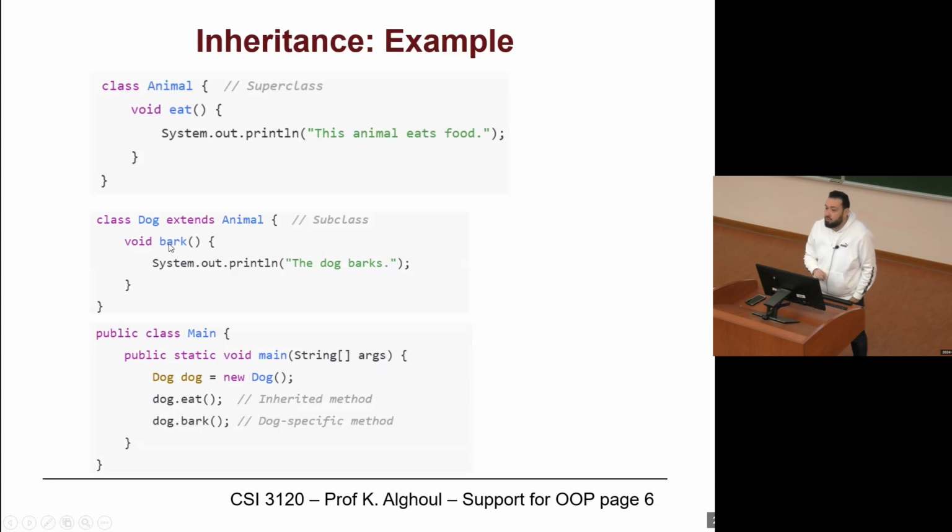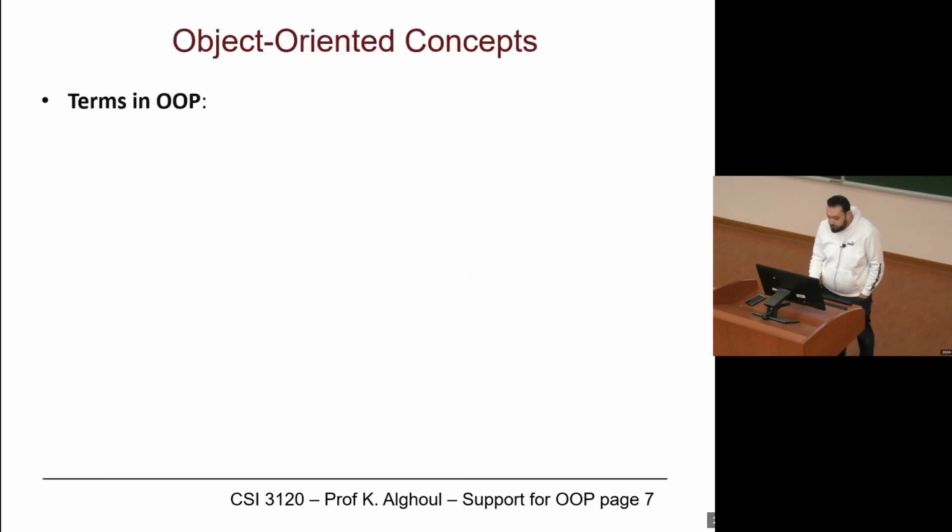Now, if it was pure ADTs, let's say you want to include dog inside the animal, what are you going to do? You have to modify the ADT animal to include void eat and void bark. You have to modify it each time to be general. But in this case, with inheritance, you don't have to modify every ADT. You can just use the concept of inheritance.